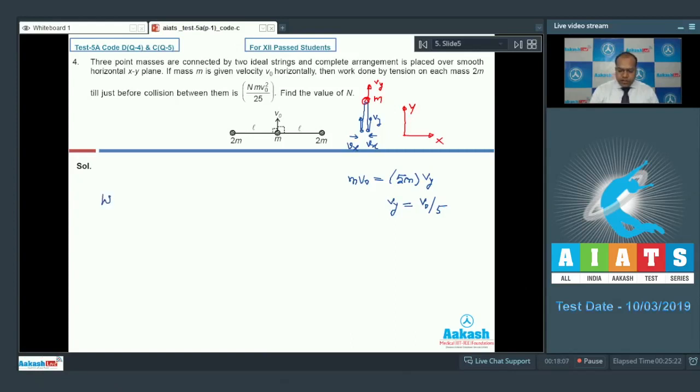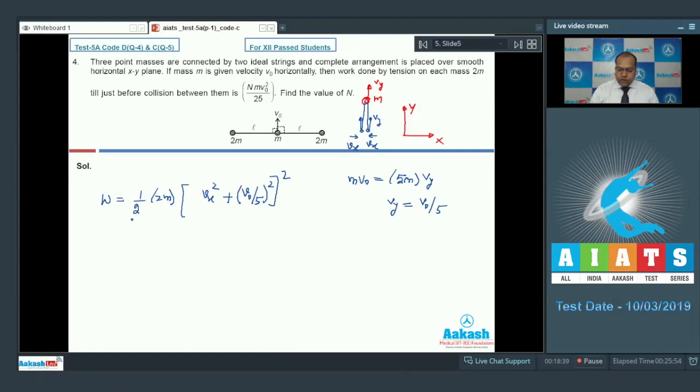So the work done by tension is equal to change in kinetic energy of mass 2m. That can be written as half into 2m into the velocity of the mass 2m in the final situation squared, which is Vx square plus v naught by 5 whole square.